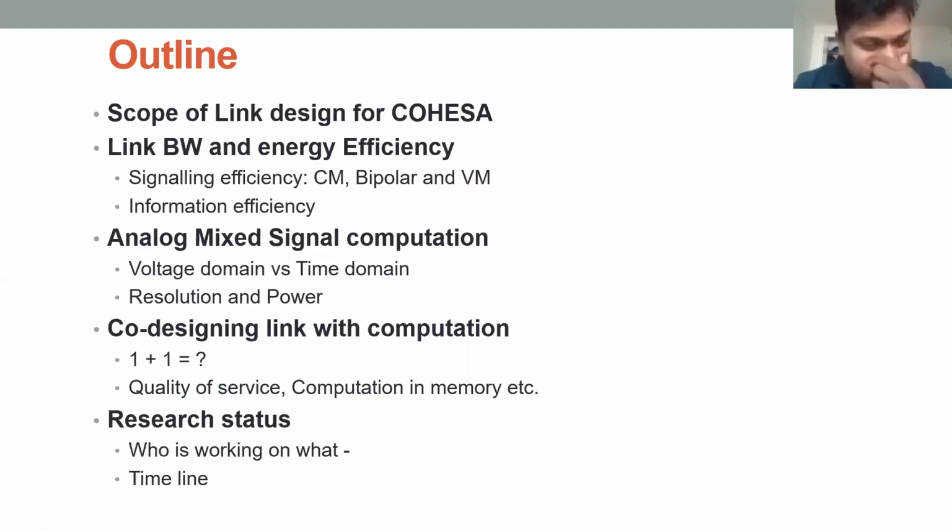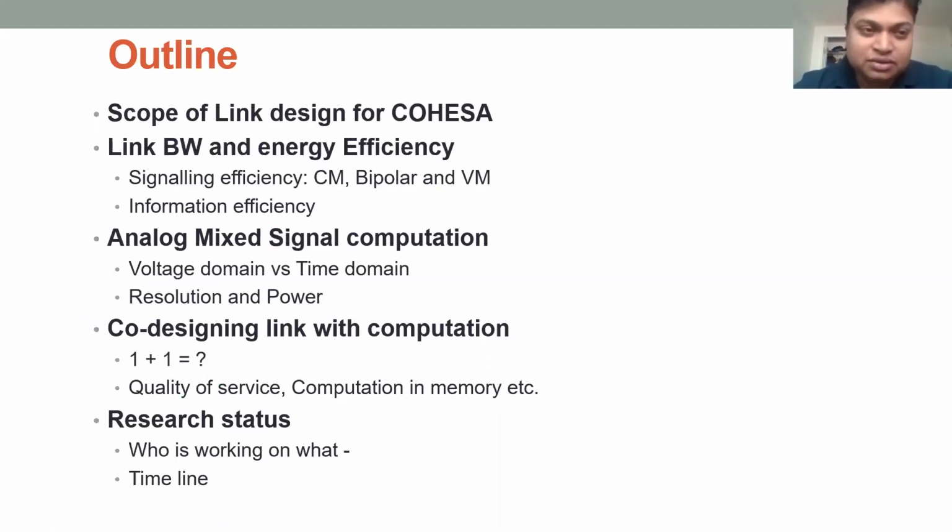So what I wanted to talk about was the scope of link design for Cohesa. We have been doing link design for a while, but those were for general purpose. We didn't want to just do another link design. We wanted to do something that is relevant to machine learning.